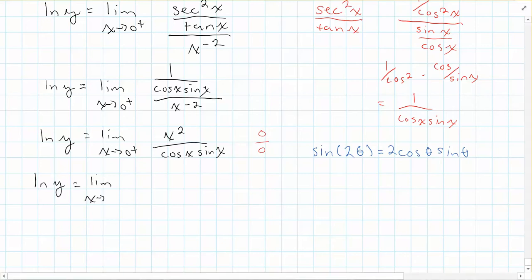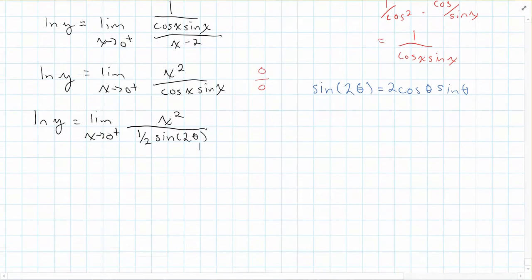So limit as x approaches 0 from the right of x squared. Now, it would be 1/2 sine of 2 theta, which would get me the natural log of y is equal to the limit as x approaches 0 from the right.